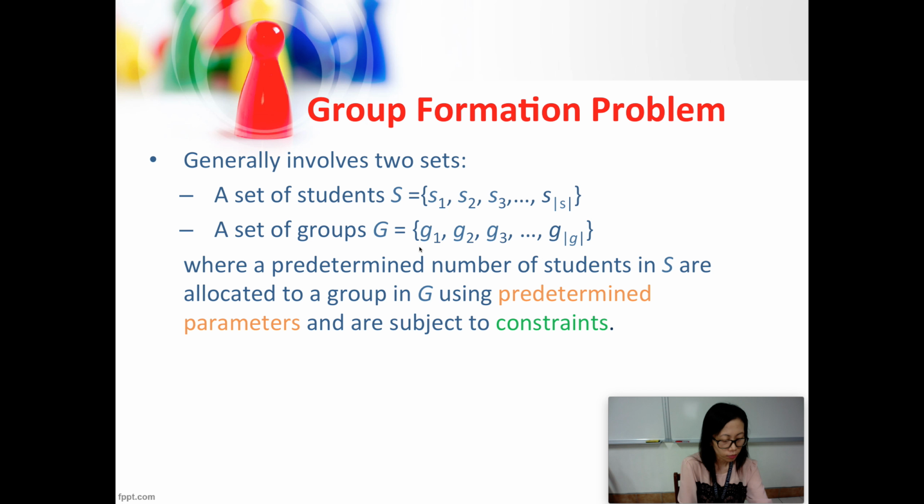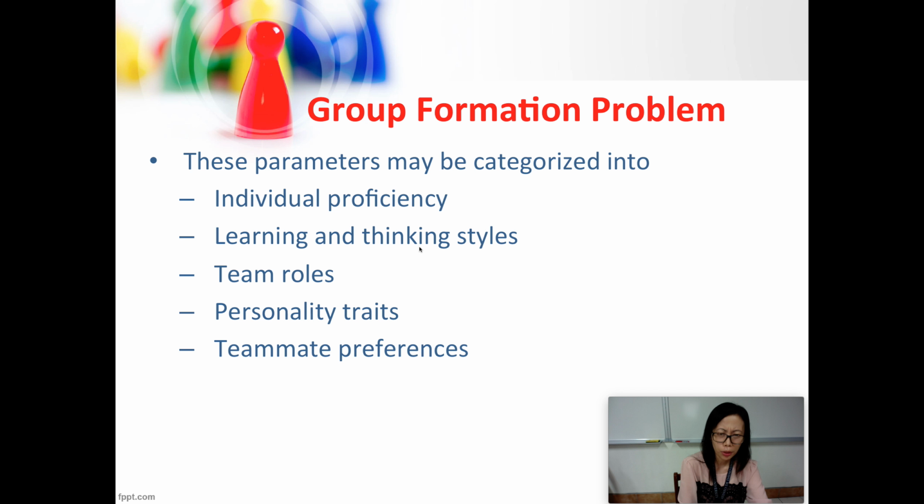Now, quite a number of characteristics or parameters appeared in the literature, and they can be categorized into individual proficiency, which was already mentioned earlier. This may be again a score in the pretest, the grade in the previous subject, or the GPA from the previous semester.